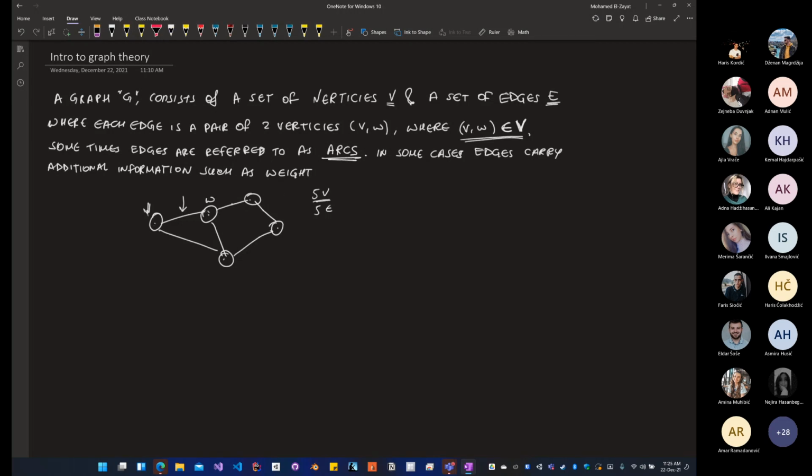And here you can have a weight, let's say like 4, 10, 11, 16, or 0. Heck, it can even be -3. It really depends on what kind of weights you put. This is basically what a graph is all about.